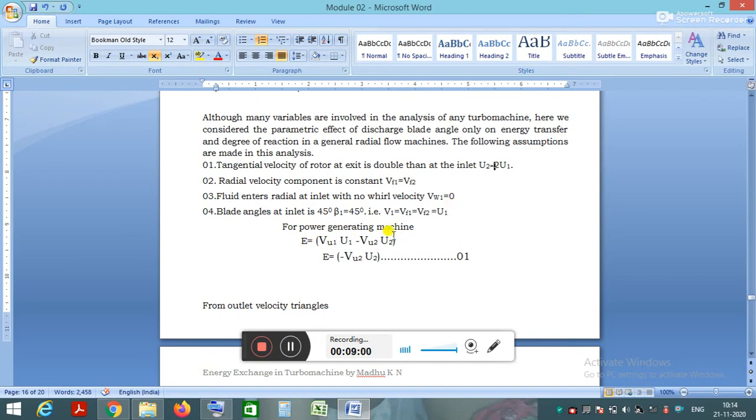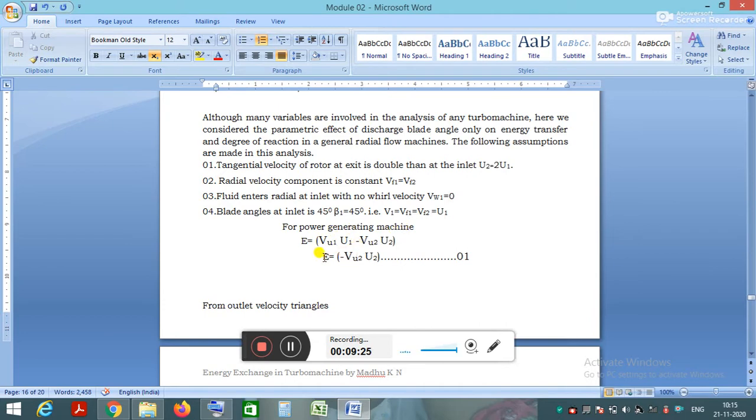For a power generating turbo machine, we have this equation for energy transfer: V suffix U1, the tangential velocity of the rotor at the inlet, multiplied by the blade velocity at the inlet, minus V suffix U2 into U2. But V suffix U1 is 0.